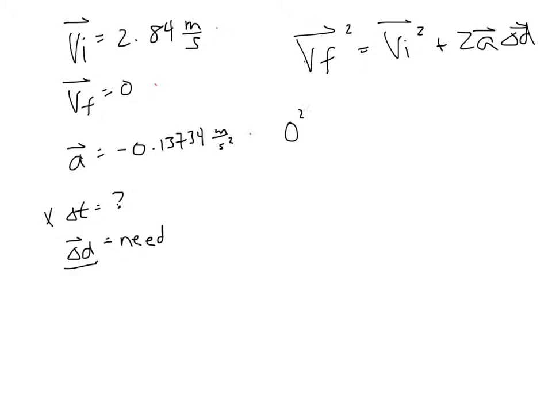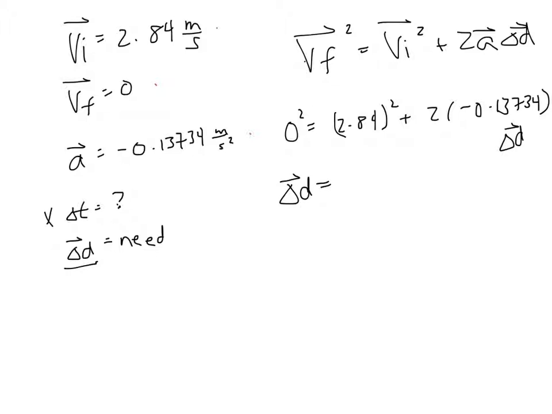So 0 squared equals initial velocity, which was 2.84 squared, plus 2 times negative 0.13734 multiplied by displacement. If we rearrange, we get that displacement is equal to 0 squared subtract 2.84 squared, all divided by 2 times negative 0.13734.